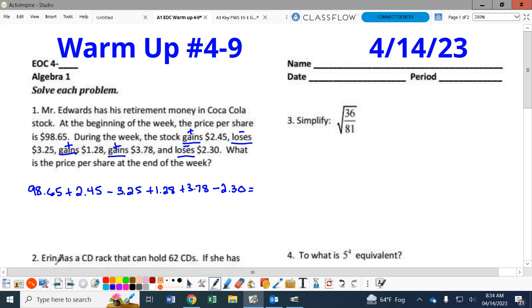Your calculator is going to do the actual addition and subtraction. So take a minute and type that in. 98.65 plus 2.45, make sure it's clear, minus 3.25 plus 1.28 plus 3.78 minus 2.30.